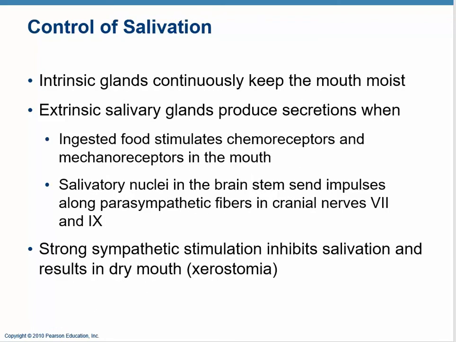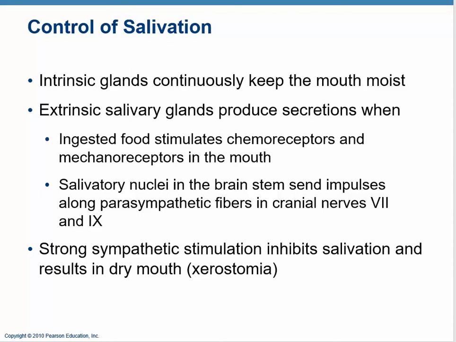Salivation is controlled by parasympathetic nerves, but they're not the vagus nerves. It's cranial nerves 7 and 9 that do it. 7 and 9 are the facial nerves and the glossopharyngeal nerves, which makes sense.